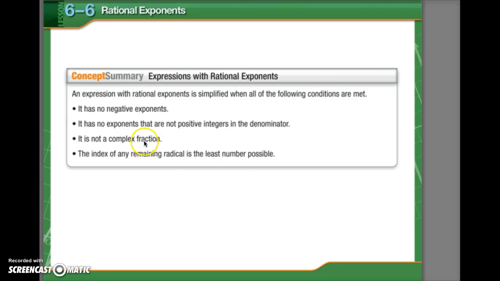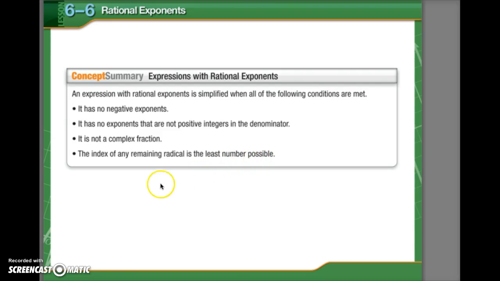Not a complex fraction. That means that you cannot have roots in the denominator. And the last condition is that the index of any radical, any root, is the least number possible. This last condition was the focus of example 6 that we just finished working on.